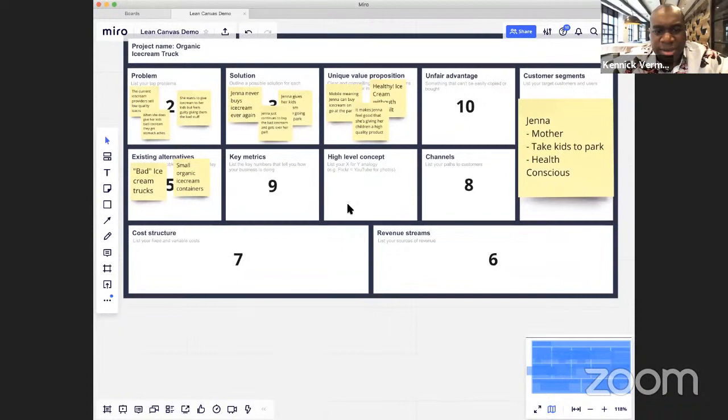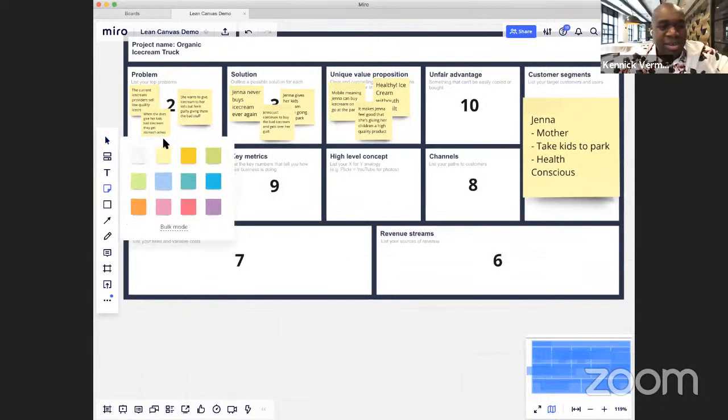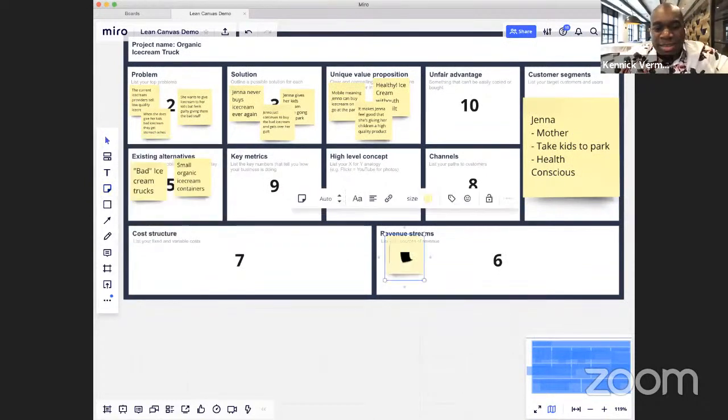All right, now revenue streams. Let's make it a bit interesting here. We can make it so that it's a subscription model.